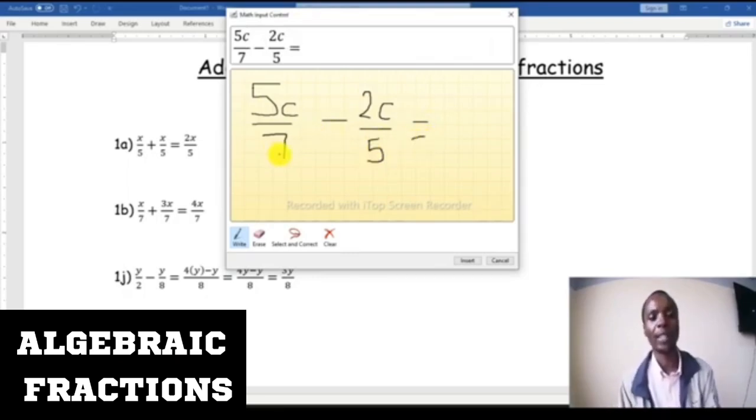Here you can notice that the denominators are different. So what should we do? If we don't have time to look for the lowest common multiple of the denominators 7 and 5, the simplest way is just to multiply the denominators.